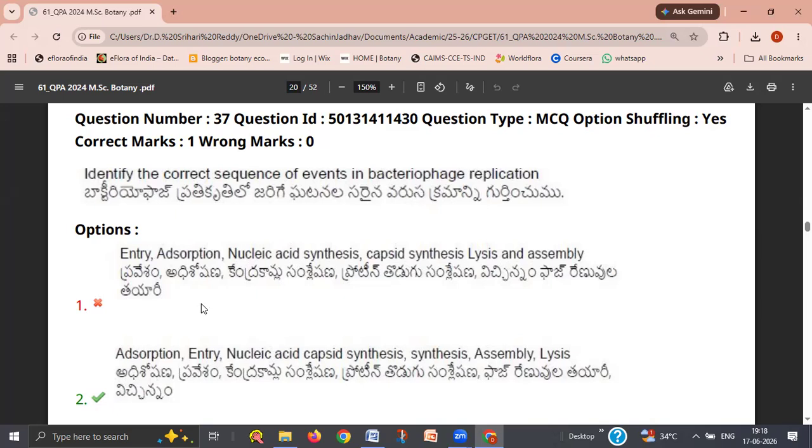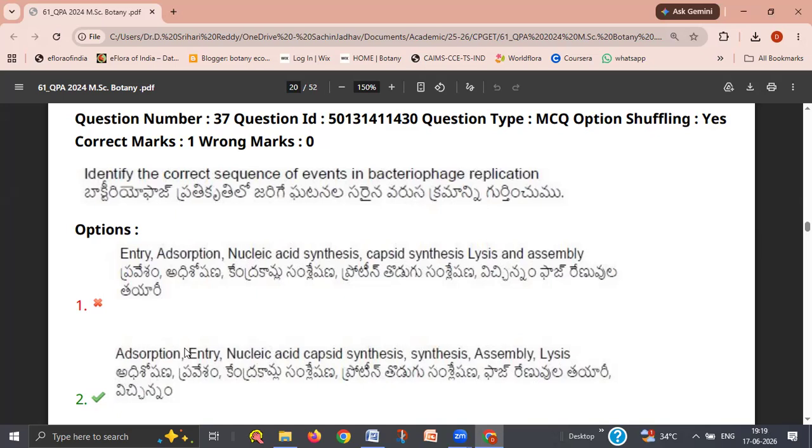And it releases the lysozyme to lyse the cell wall of the bacteria, and it enters. That is called entry. And next, the nucleic acid of the bacteriophage, that means the double-stranded DNA, enters into the bacteria. That is called nucleic acid injection. And later, DNA synthesis or replication occurs. And next, assembly. Next, lysis.